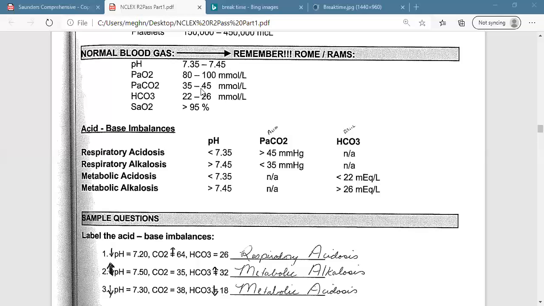This is a normal range. And bicarbonate ion is 22 to 26 millimole per liter. And saturation of oxygen must be more than 95, right? In some books they say 94 to 100%.